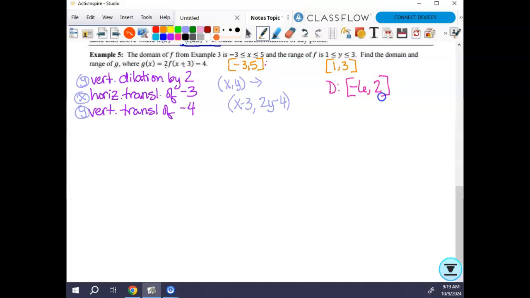Sorry, my brain was going somewhere else, because that's not an xy up there. Those are both x's. Yes? Then my new range, I'm going to do 2 times 1, which is 2, minus 4 is -2. And then 3 times 2 is 6, minus 4, which is 2. There's your new domain and range.